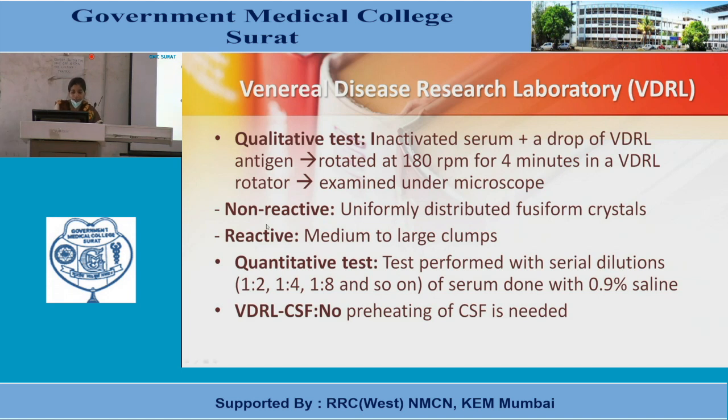So it can be diluted 1:2, 1:4, 1:8 and so on. Serum requires heating before the test, but for CSF no preheating is needed, so it can be used easily.